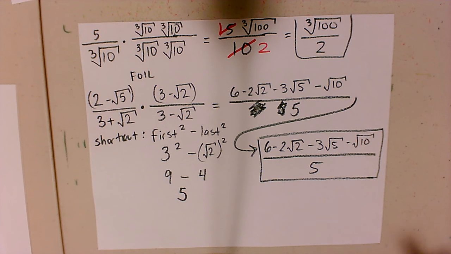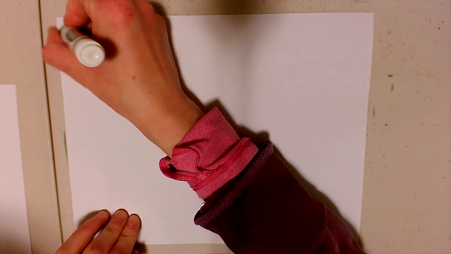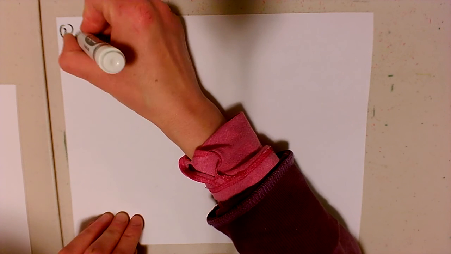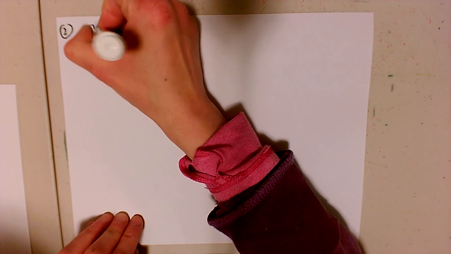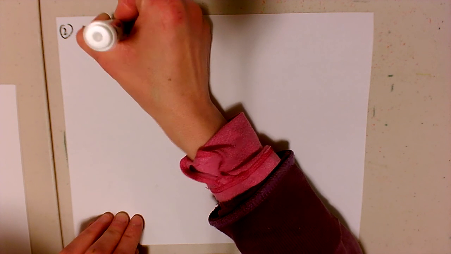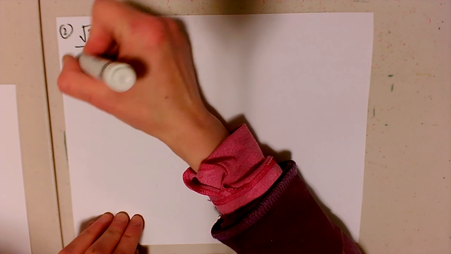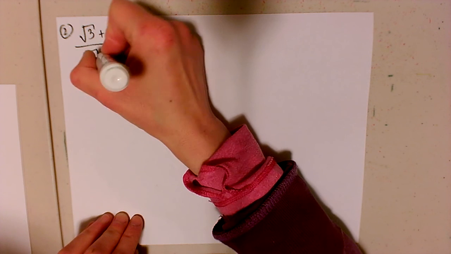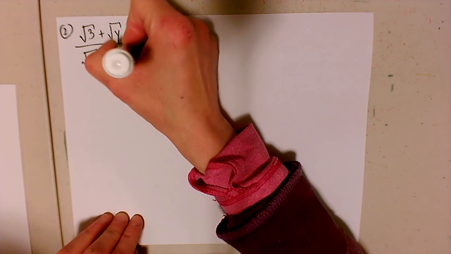Okay, so let's take a look at the second example. For the second example, we have root 3 plus root y over root 3 minus root y.